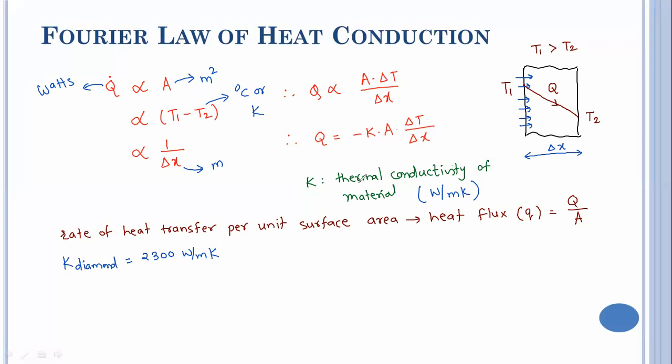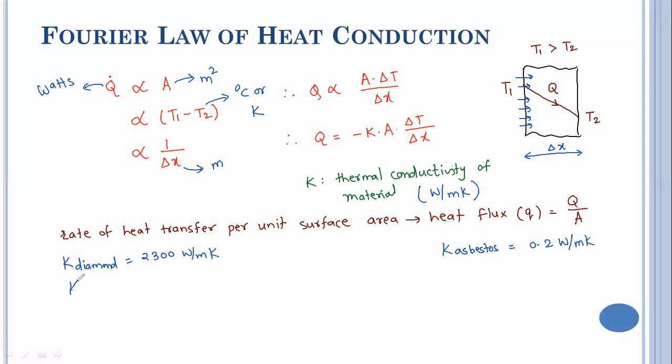If thermal conductivity is less, for example the thermal conductivity of asbestos, now we know asbestos is a bad conductor. So K of asbestos is just 0.2 watt per meter Kelvin. So remember, if thermal conductivity value is more, heat can easily flow through it. If thermal conductivity is less, then there is difficulty in heat flow. So thermal conductivity with higher values will be a good conductor of heat, and with lower values a bad conductor of heat.